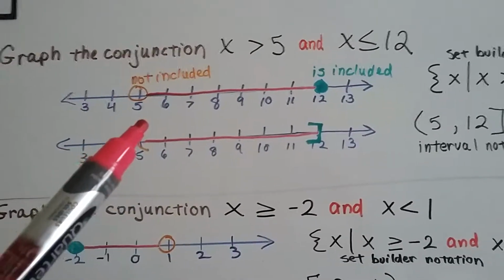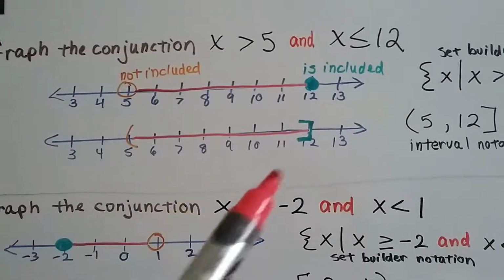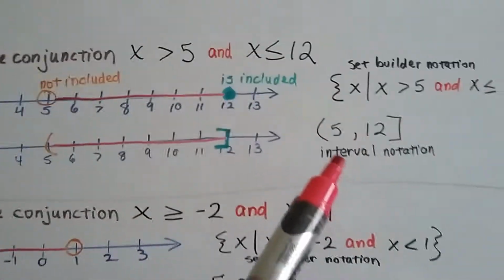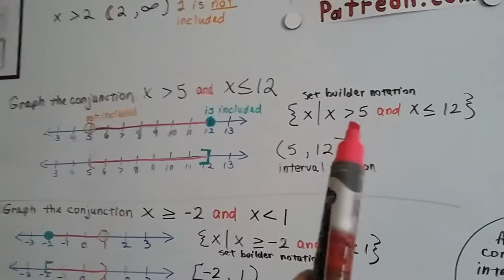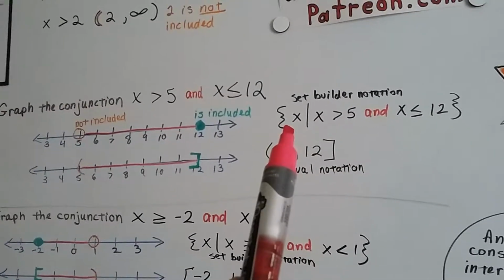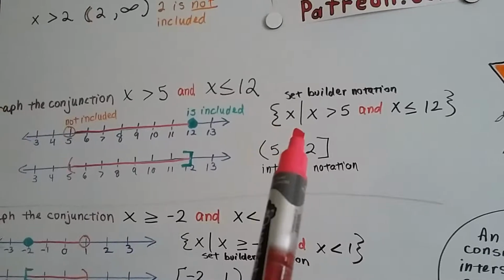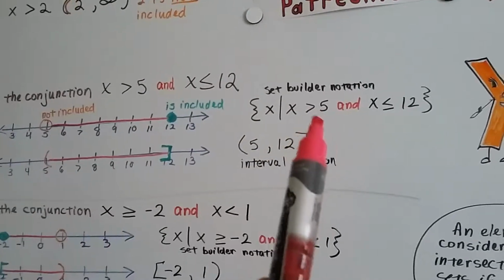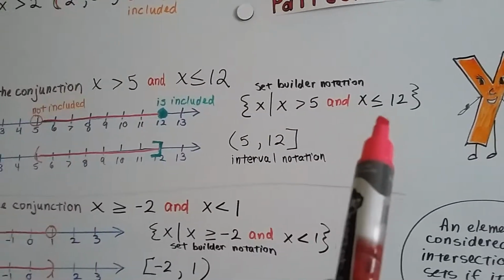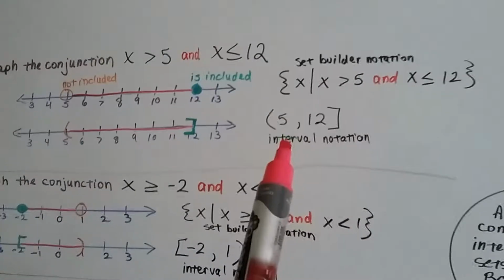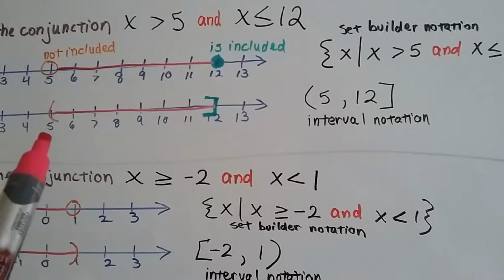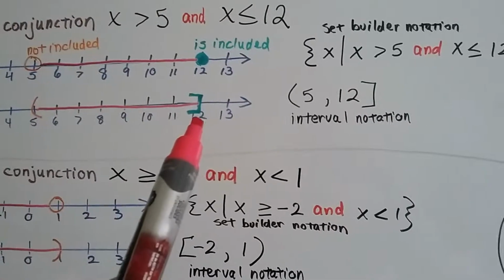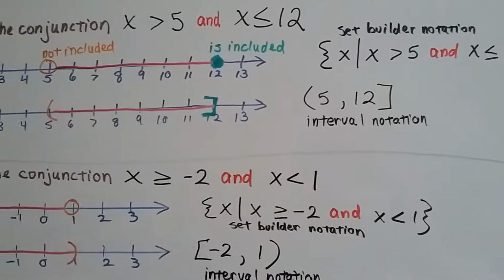In interval notation, we would put a parenthesis to show it's not included, and a bracket to show it is. And in set builder notation, this is what our answer would look like. Right here, the set of all x such that x is greater than 5 and x is less than or equal to 12. And then for interval notation, which I think is much easier, we just put the parenthesis, 5, the comma, 12, and the bracket, and we're done.